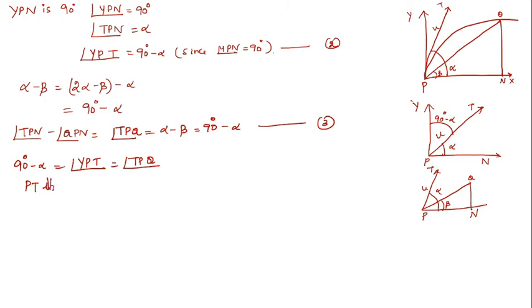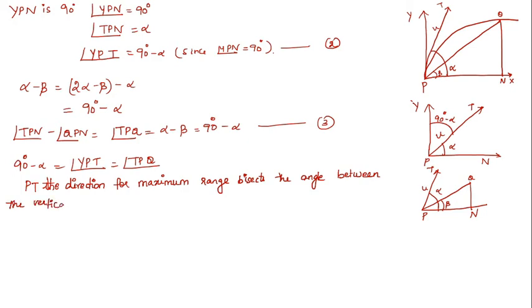PT, the direction for maximum range, bisects the angle between the vertical and inclined plane.